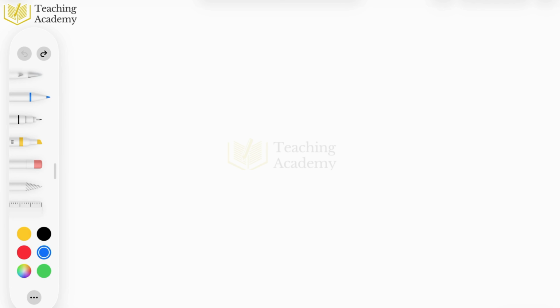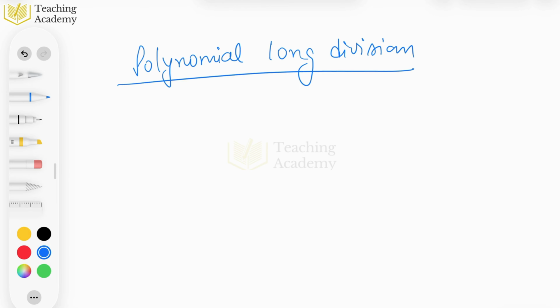So let's continue with today's topic. Today we are going to discuss polynomial long division. In polynomial long division, we have two methods. First one is called long division.